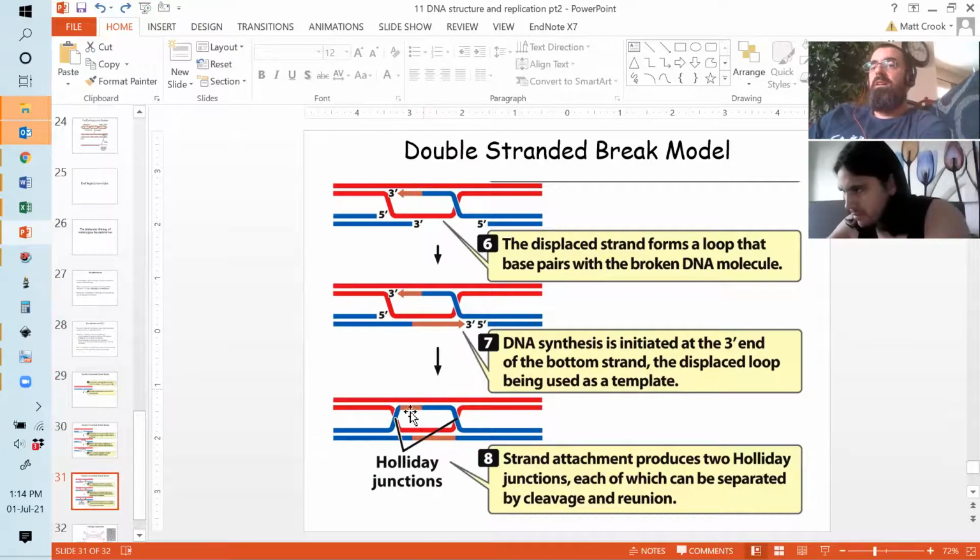So we have one bit of DNA which consists of half and half of original and the newly synthesized or fixed, and vice versa on the other side. And so where these strands cross over, these are called Holliday junctions.